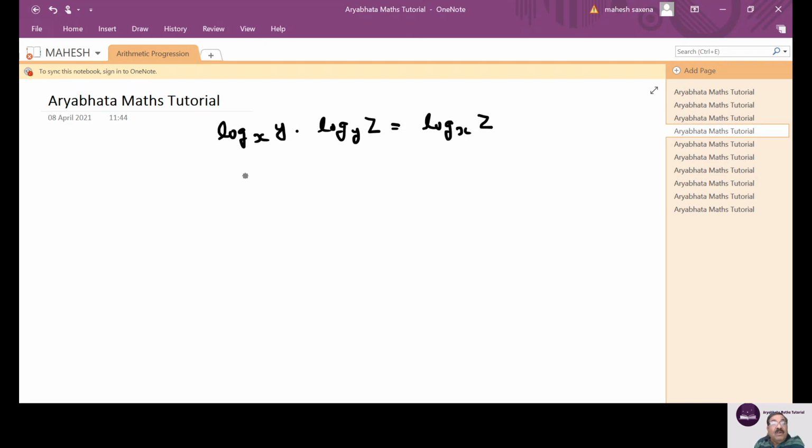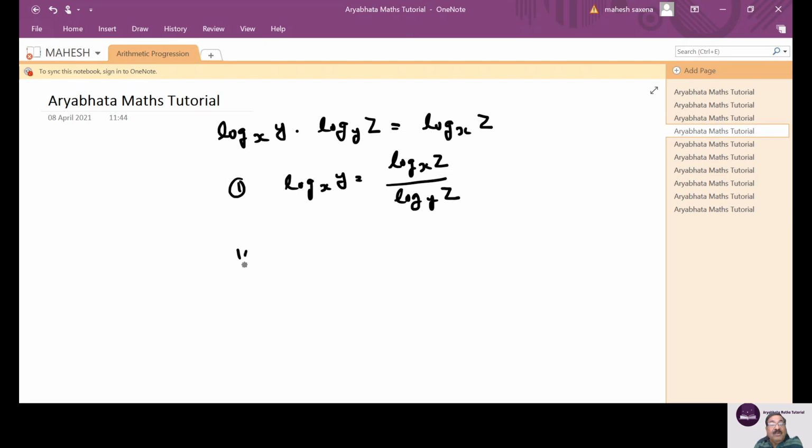Now, by this property, you can formulate two formulas. Number one, log base x of y is equal to log base z of y upon log base z of x. Therefore, this new base z goes to the base of these two logs.